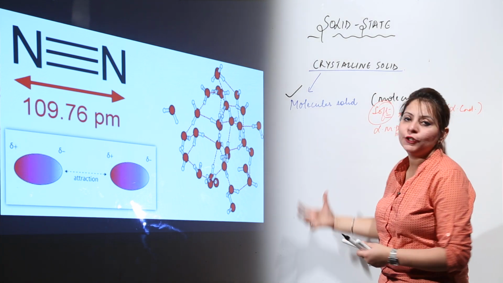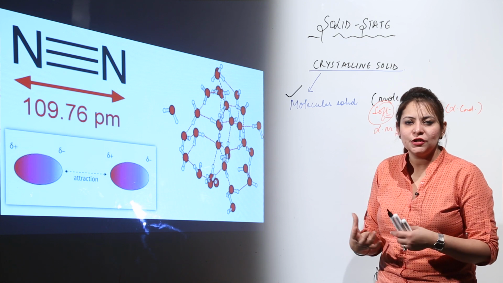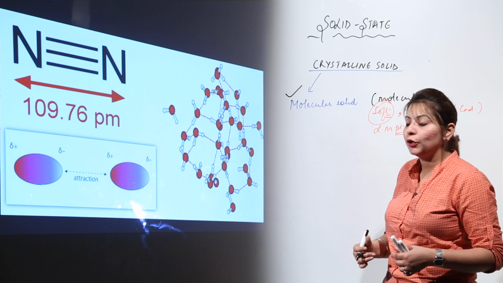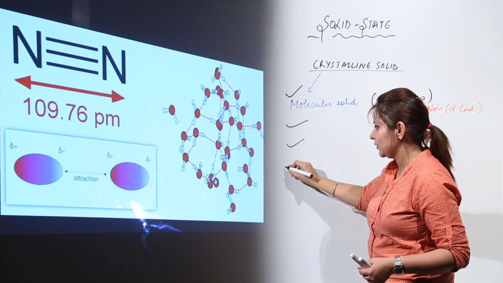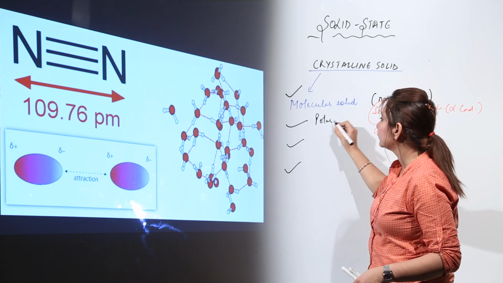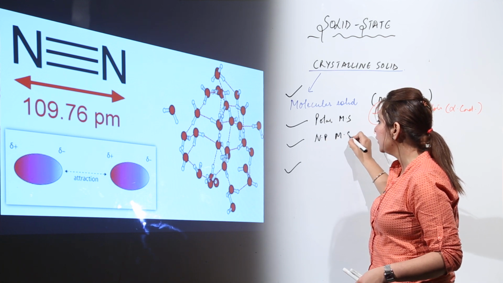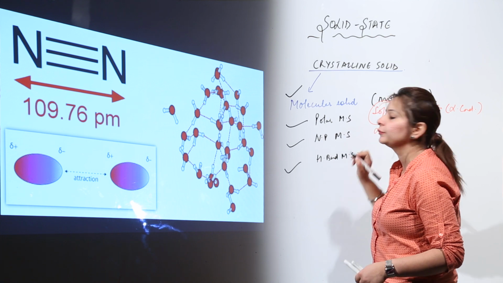But depending upon the type of force, or the nature of the molecular solid, it is categorized further into three types. One is the polar molecular solid, another is the non-polar molecular solid, and the third is the hydrogen bonded molecular solid.